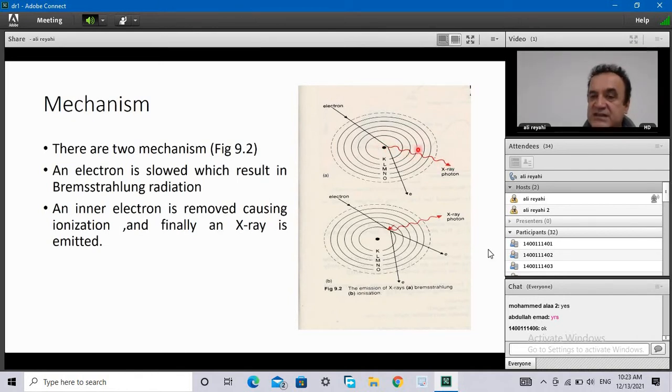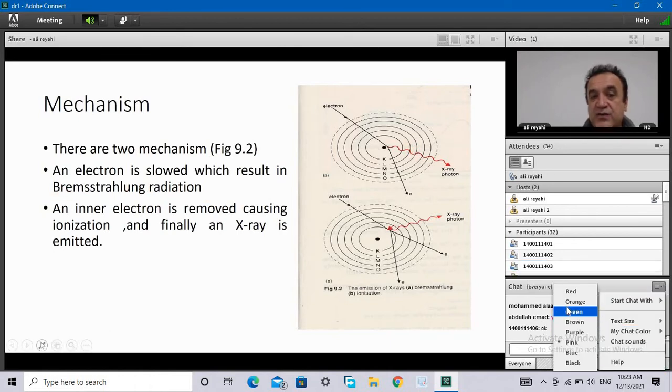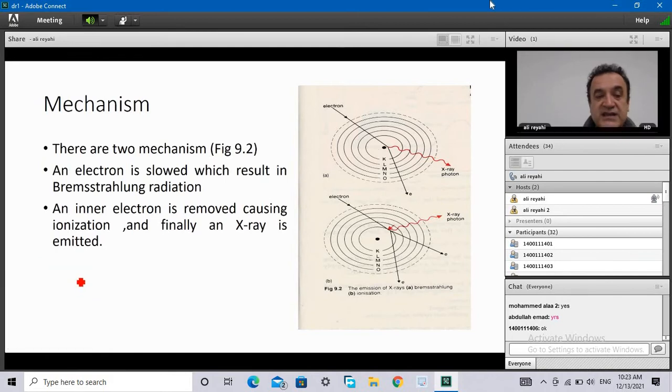Its other name in English is braking ray. Braking in Arabic, I think, means توقف, yes, because electrons here are stopped.